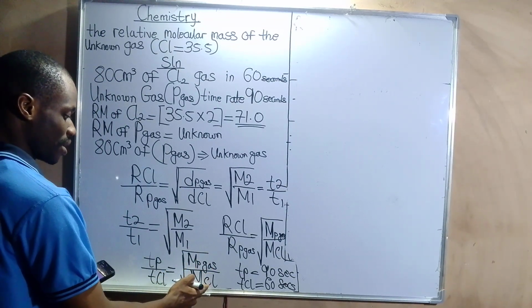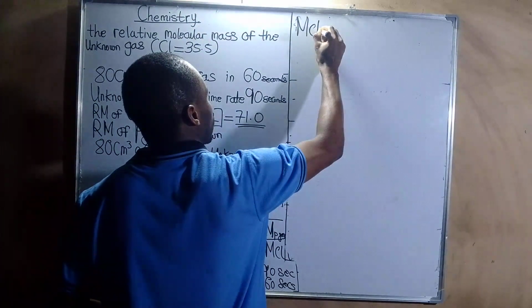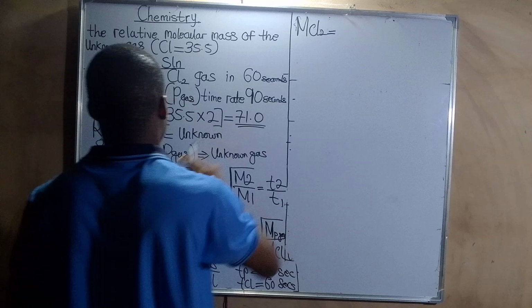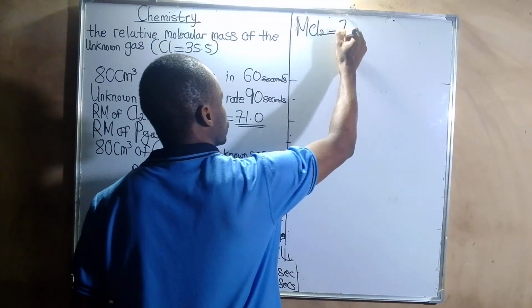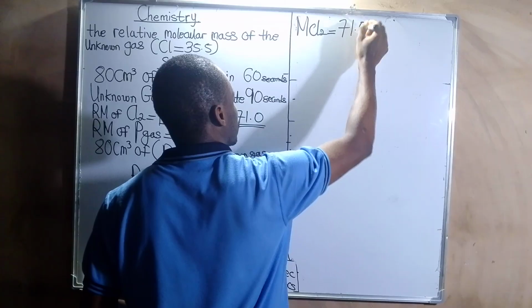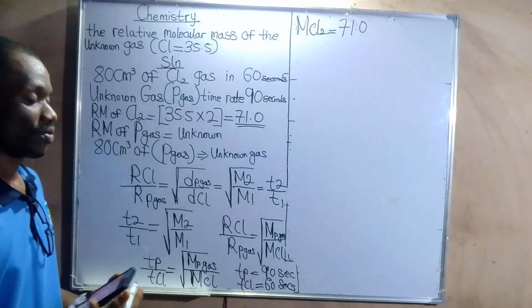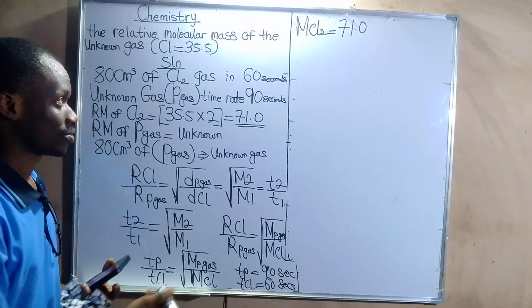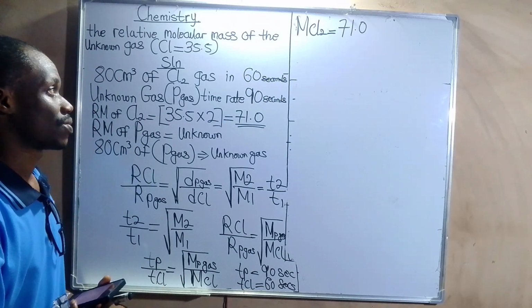The mass of chlorine gas is 71.0, just approximately 71 to the closest whole number.